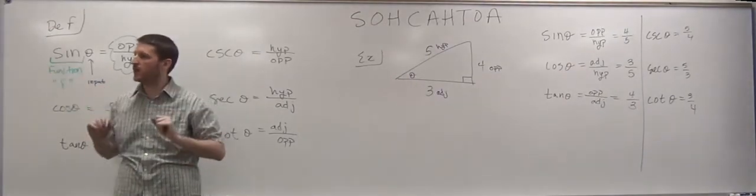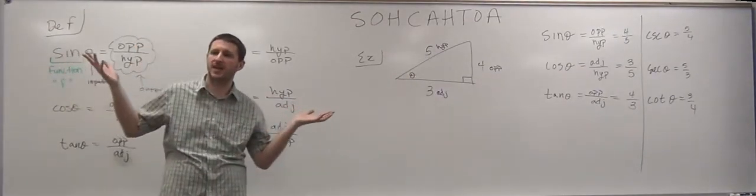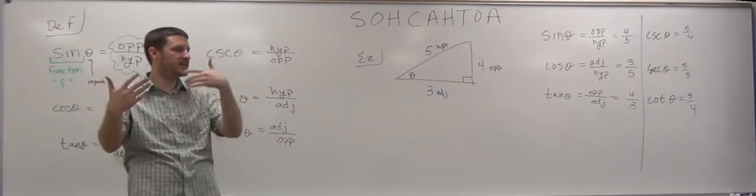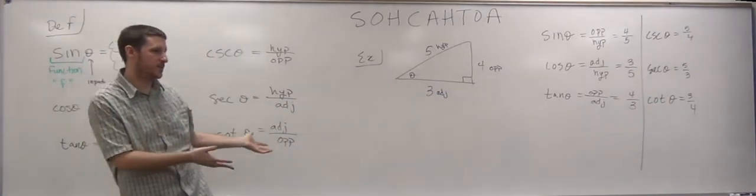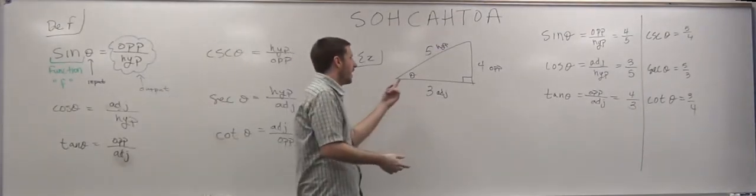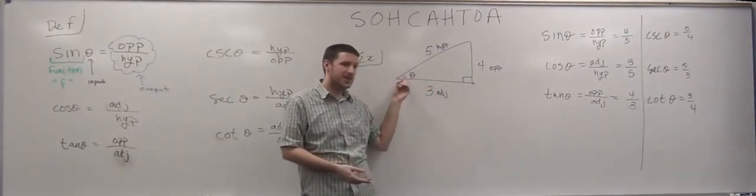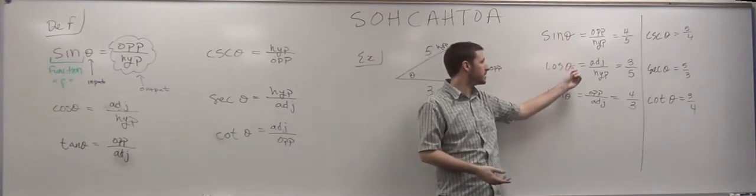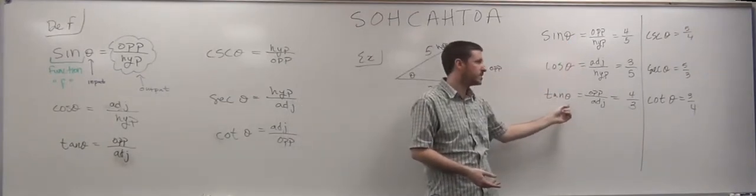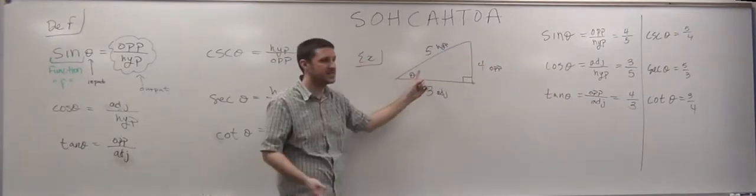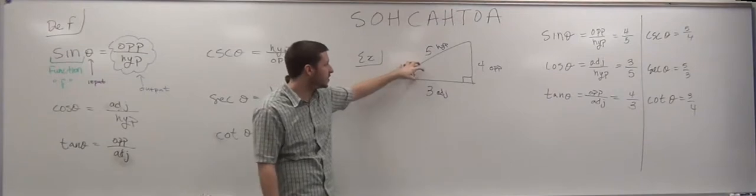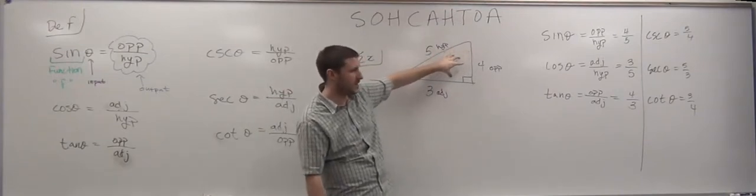Usually I give you a function f of x equals x squared, say, and then I ask you what's f of 2. You plug 2 into x squared and you get some output. I have not given you the value of this angle. So your input is a variable in this case, because I don't know what this angle is. But I don't need to know this angle to get my trig functions as long as I have a right triangle.